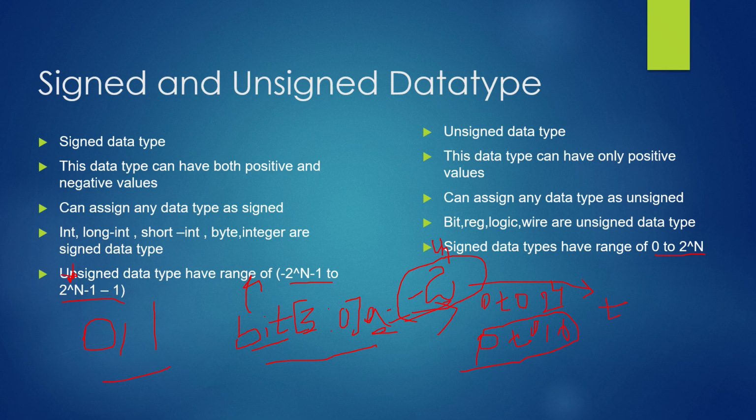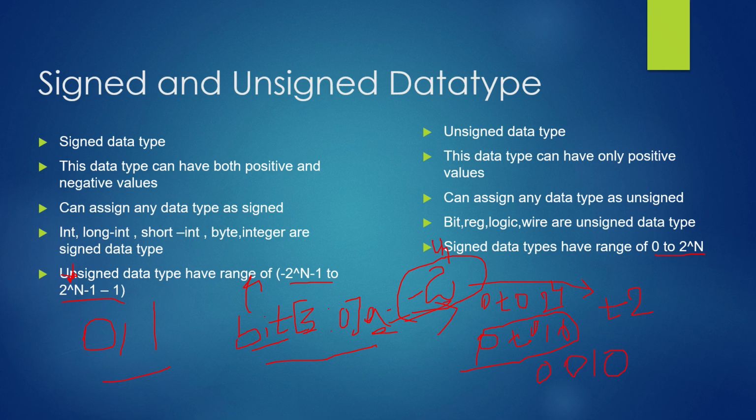What is the +2 value? As it is a 4-bit variable, it is 0 0 1 0. This is the +2. We have to do the 2's complement.